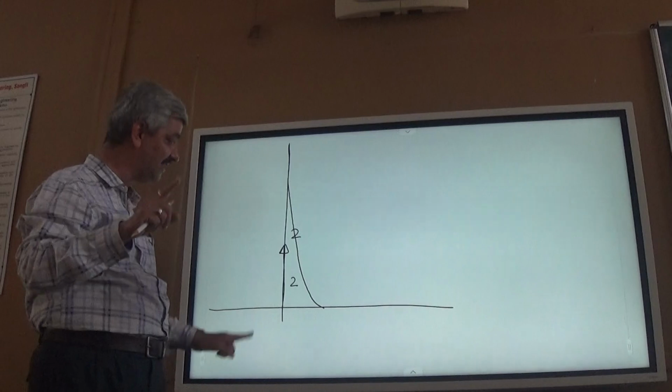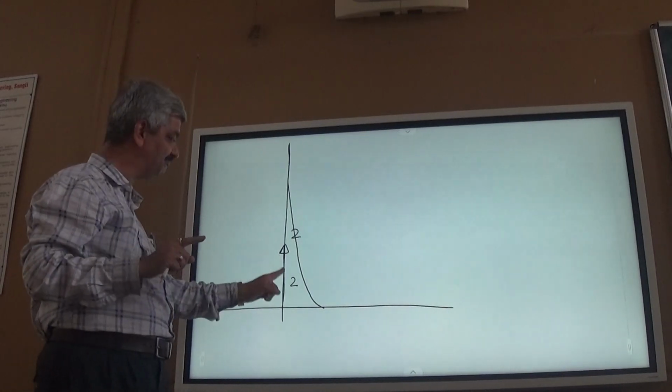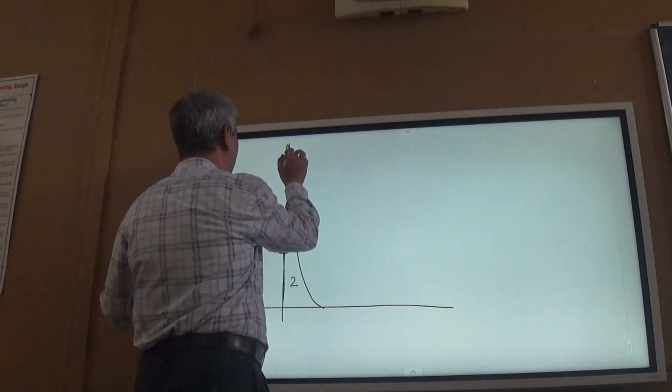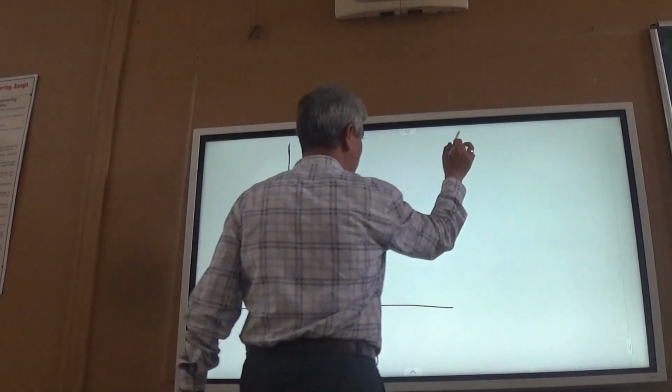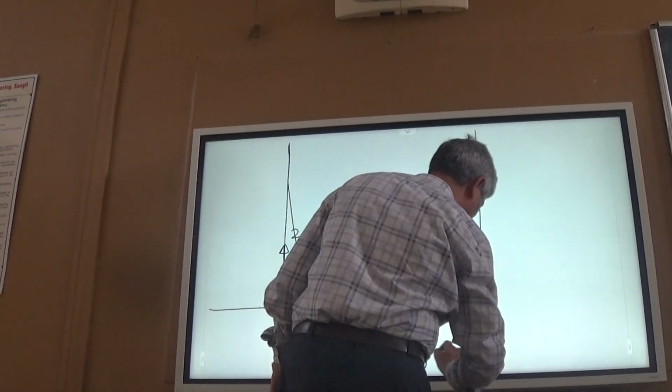An ideal amplifier is an impulse, and for a practical amplifier, we can have another one, I will show you on a larger scale.